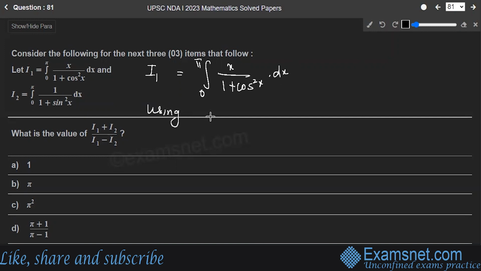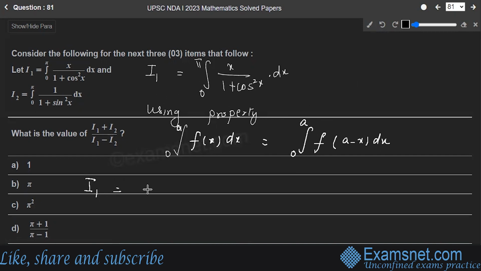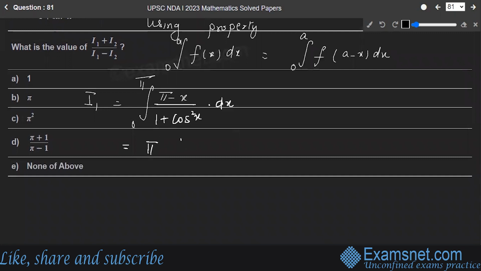Now using the property that the integral from 0 to a of f(x) dx is equal to the integral from 0 to a of f(a minus x) dx, this integral I1 will become the integral from 0 to pi of pi minus x upon 1 plus cos square x dx, which can be written as, I'll take pi outside, the integral from 0 to pi of 1 upon 1 plus cos square x dx minus the integral from 0 to pi of x upon 1 plus cos square x.